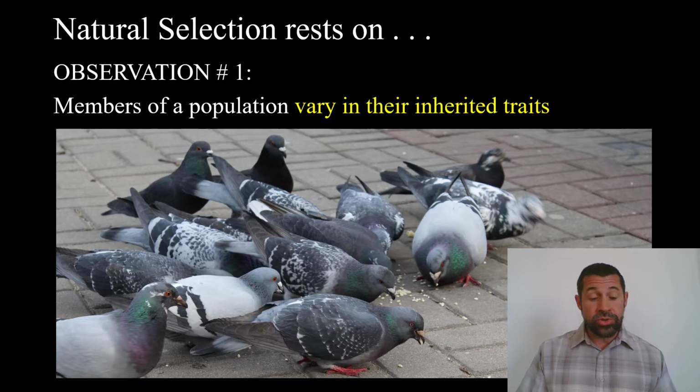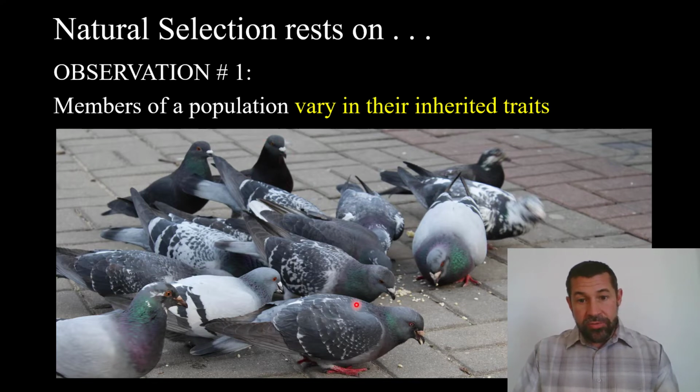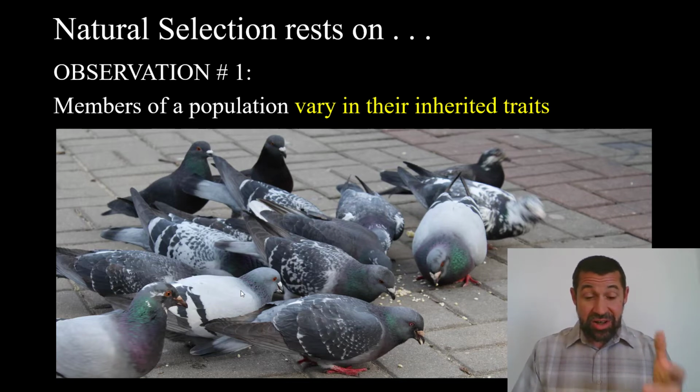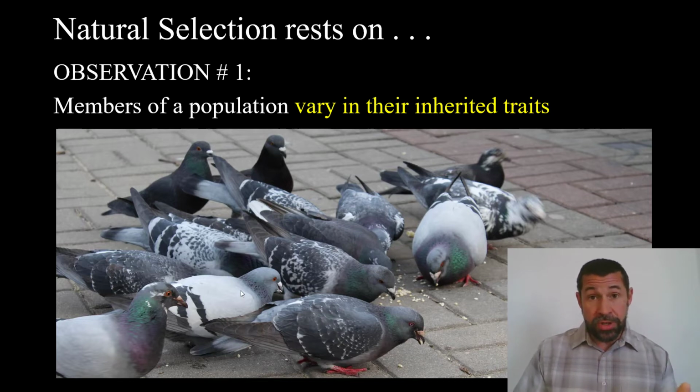No two individuals are exactly the same. So check out this flock of pigeons. Some of these pigeons are iridescent in color. Some of them are dark gray. Some of them show mottling. Some of them have light plumage.